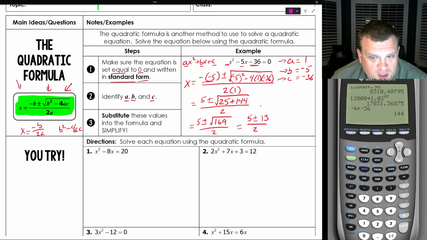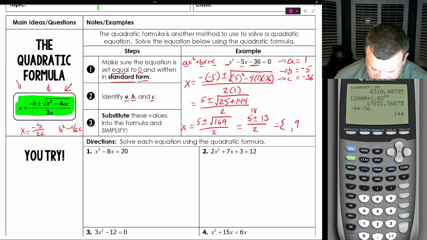And this is going to produce your two answers, right? So we would say equals, and then so we're going to say our solution set, right? So this is all x equals, right? Our solution set, so if we were to add the 13 to be 5 plus 13, we would get 18. 18 divided by 2 is going to be 9. That's my positive value, so we'll put it over there.